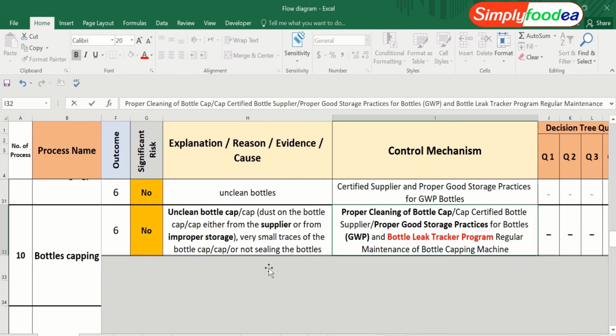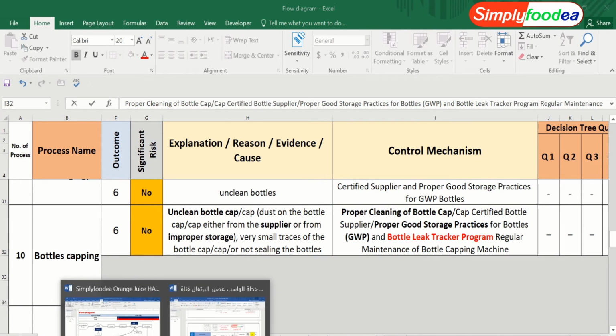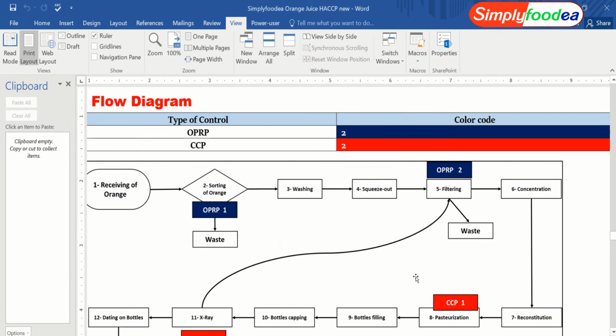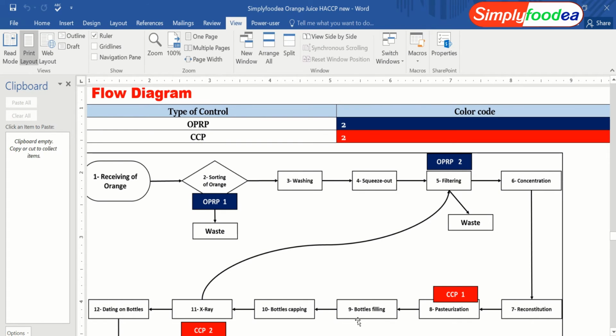I want to mention a very important part. Some companies, for controlling the microbiological hazard in the primary packaging material, add another step after the packaging process, a radiation process to kill any microbiological hazard.